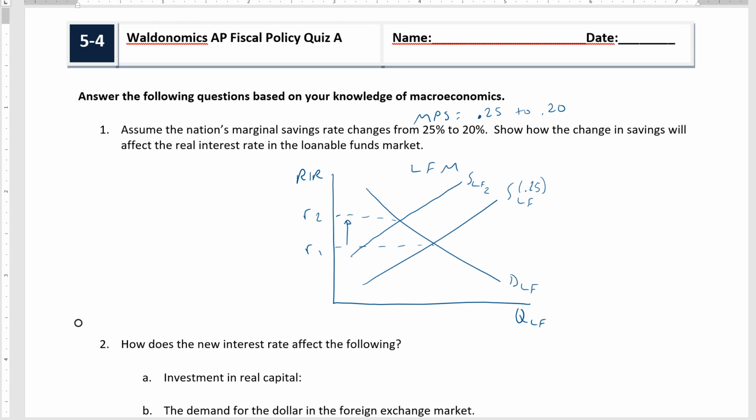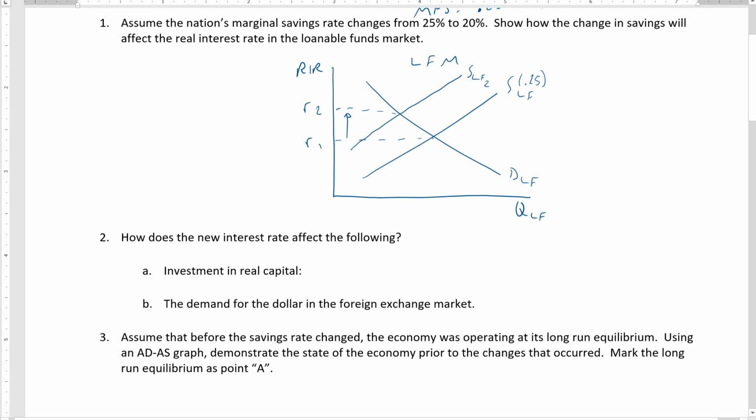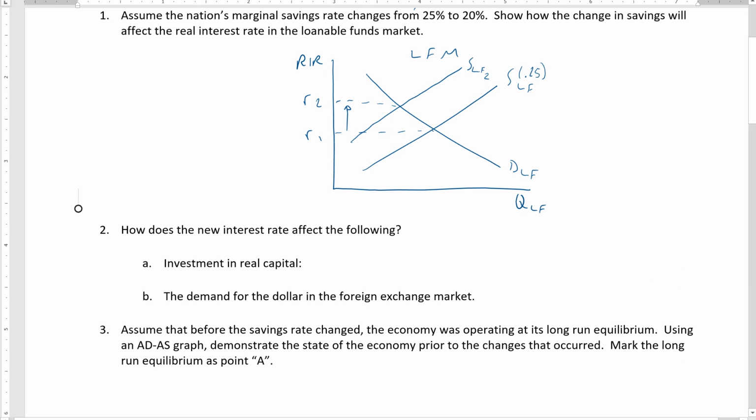All right, number 2. So based on our change in interest rates, how are each of the following affected? So it says investment of real capital. Well, hopefully y'all remember that when businesses purchase capital, they are either borrowing money to buy the capital or they're foregoing earning interest on cash in order to buy the capital.